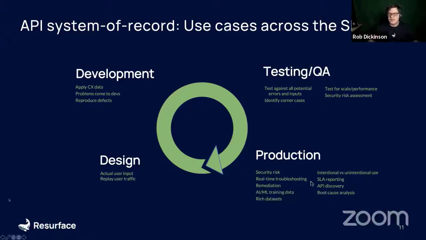We need to take these logs about what's really happening in production and provide that to the groups in our organizations that actually need that data, so that we're not all collectively guessing about what's really going on, and we can take a data-oriented approach.